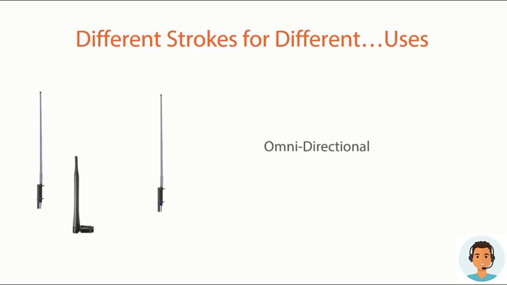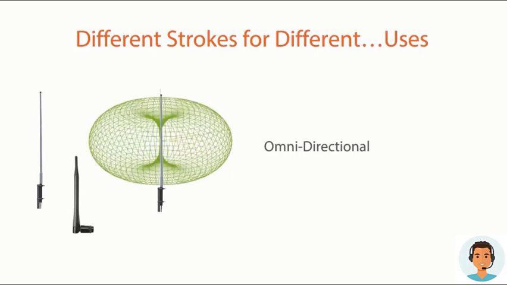Omnidirectional means that the signal is transmitted 360 degrees, and by default it's broadcast out horizontally, meaning that our beam width starts at the antenna and moves in a horizontal direction. Because it's broadcasting in 360 degrees, you actually lose power. So an omnidirectional antenna is not as powerful as some of the other types of antennas, and I'll show you why.